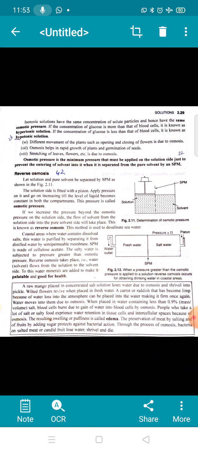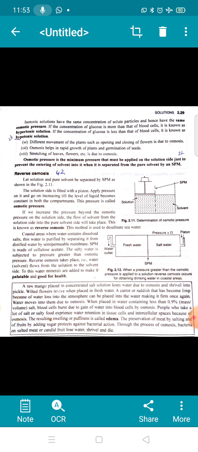Wilted flowers revive when placed in fresh water. A carrot or radish that has become limp because of water loss into the atmosphere can be placed into water, making it firm once again. Water moves into them due to osmosis. When placed in water containing less than 0.9% NaCl solution, blood cells burst due to gain of water, which we have already mentioned.